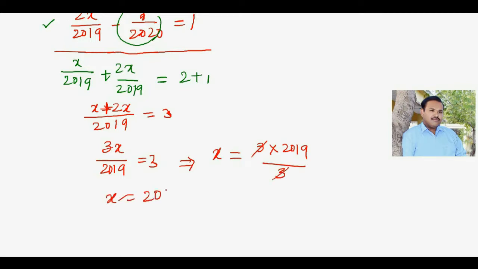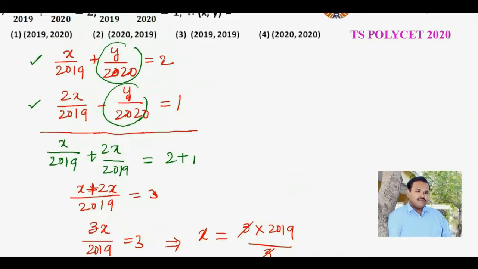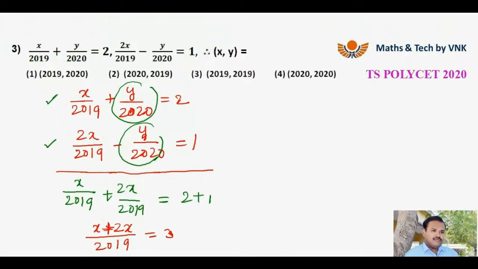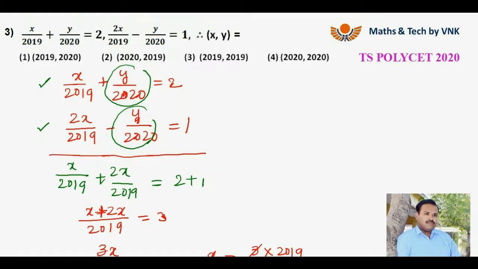Substitute the x value in a given equation to find y value. Okay. So substituting in the first equation, the x value is 2019. So in this expression I'm going to find: 2019 by 2019 plus y by 2020 is equal to 2. So 2019 by 2019 gets cancelled, this becomes 1.